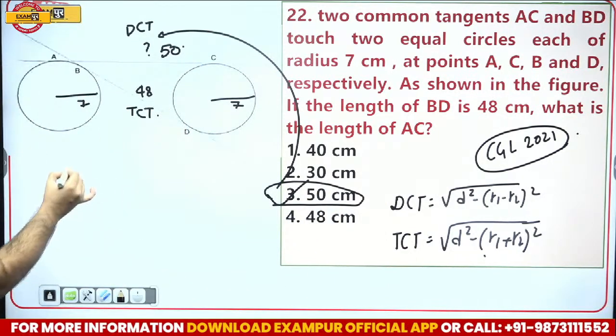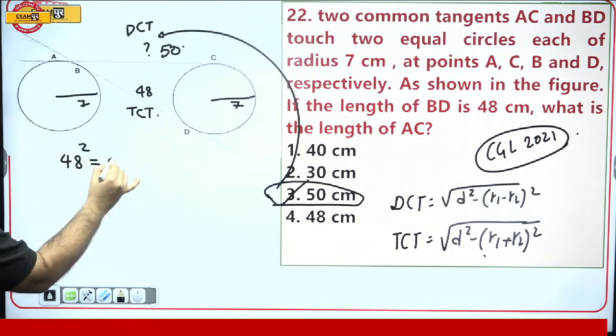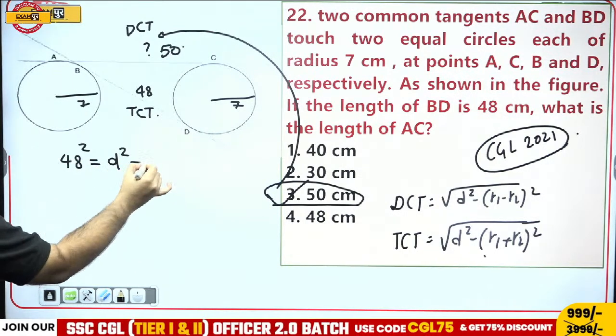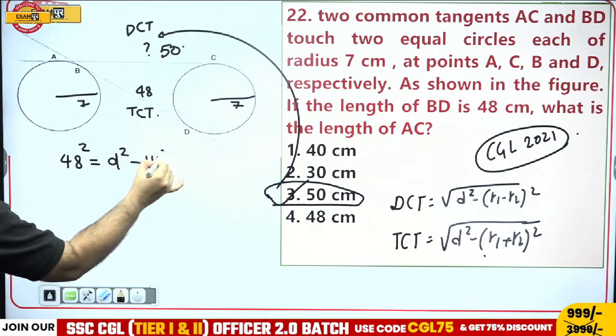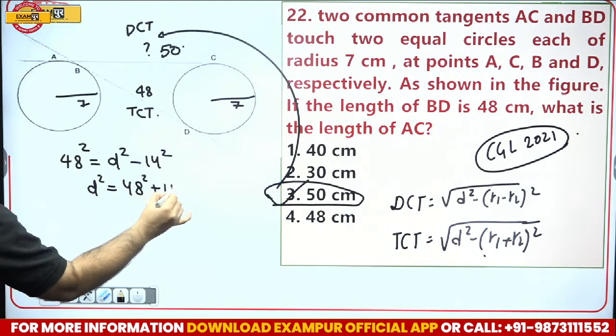Otherwise, for TCT 48, squaring both sides, 48 squared is D squared minus (R1 plus R2, 7 plus 7, 14) squared. So D squared is 48 squared plus 14 squared.